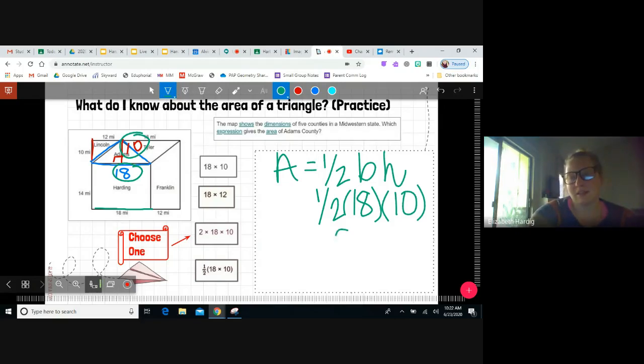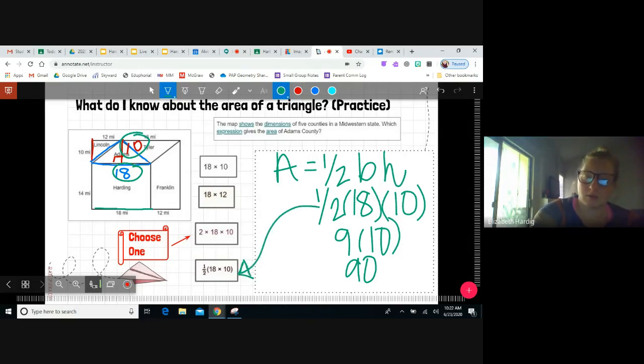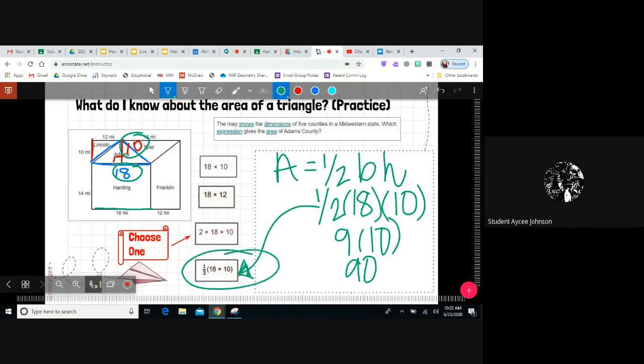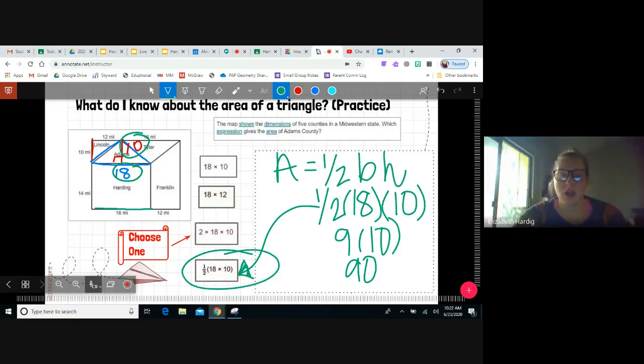Half of 18 is 9. 9 times 10 is 90, but they didn't necessarily want me to solve it. They just wanted the expression, which would match with this last one right here. Are there any questions on this one?